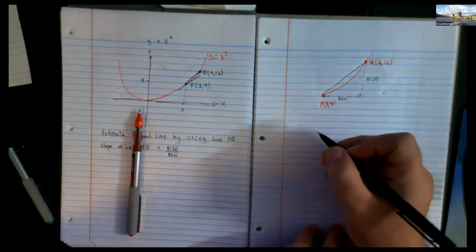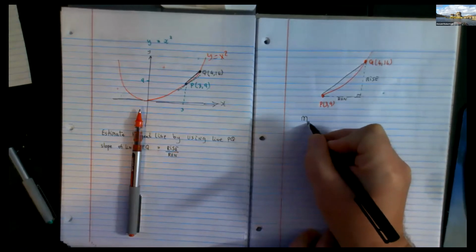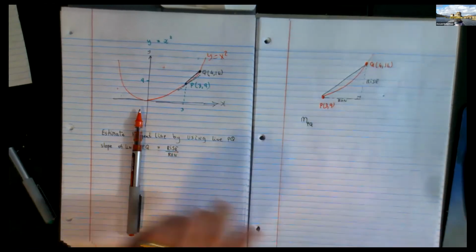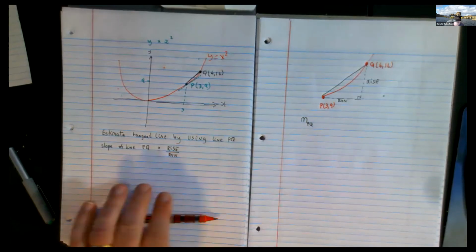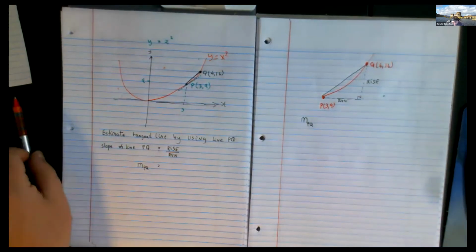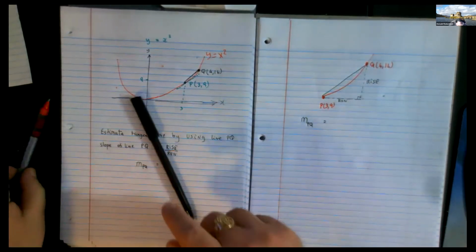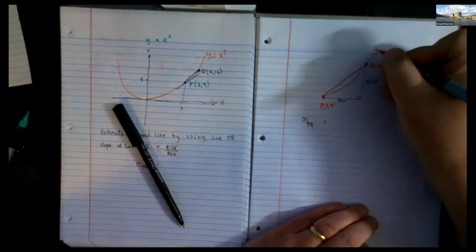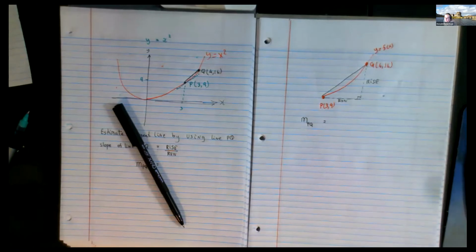Now, I'm going to give you some notation that's very common. Instead of having to write down slope of line PQ, we're going to call it MPQ. And it's going to be equal to, oh, I should put in my function here. I know this curve is called y equals x squared, but in general, wouldn't it just be y equals f of x?